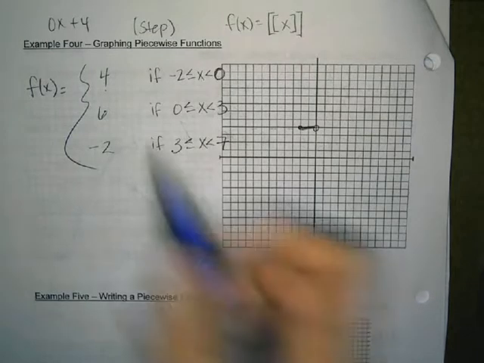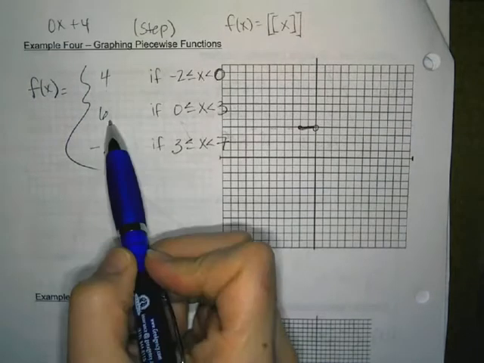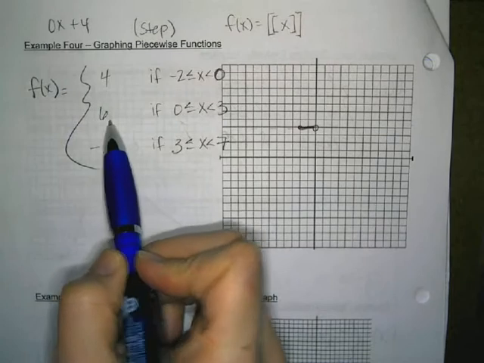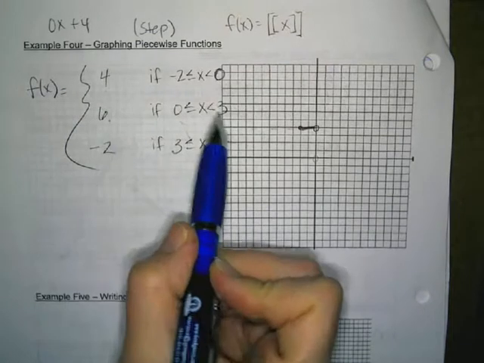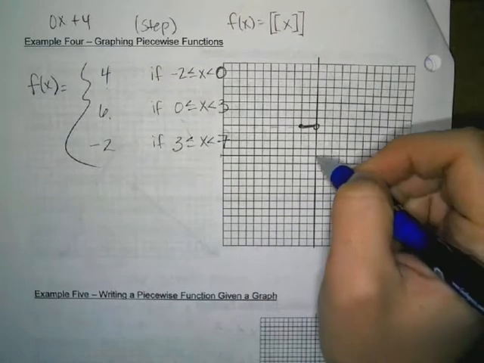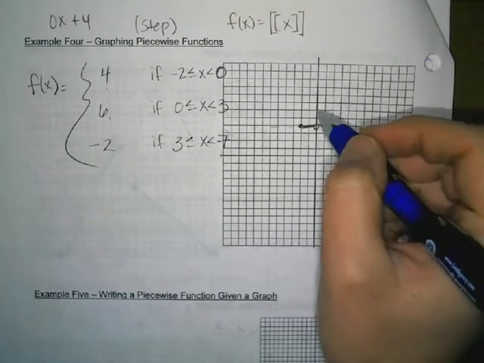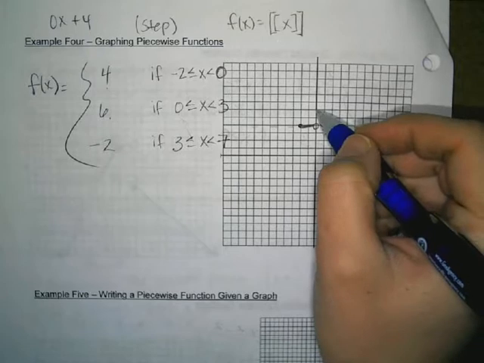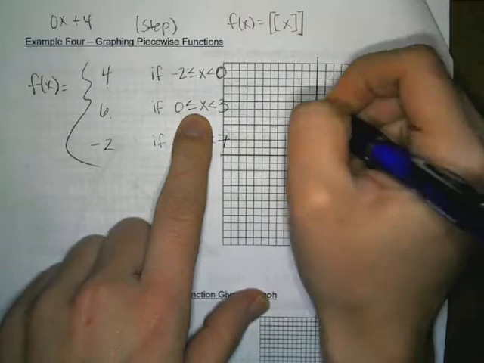Okay, and then we're going to go to the next horizontal line at 6. This one's cutoff points are 0 and 3. So I go to where x is 0. 1, 2, 3, 4, 5, 6. And should I put a solid dot or open circle there? That one should be a solid dot because you have an equal to bar.